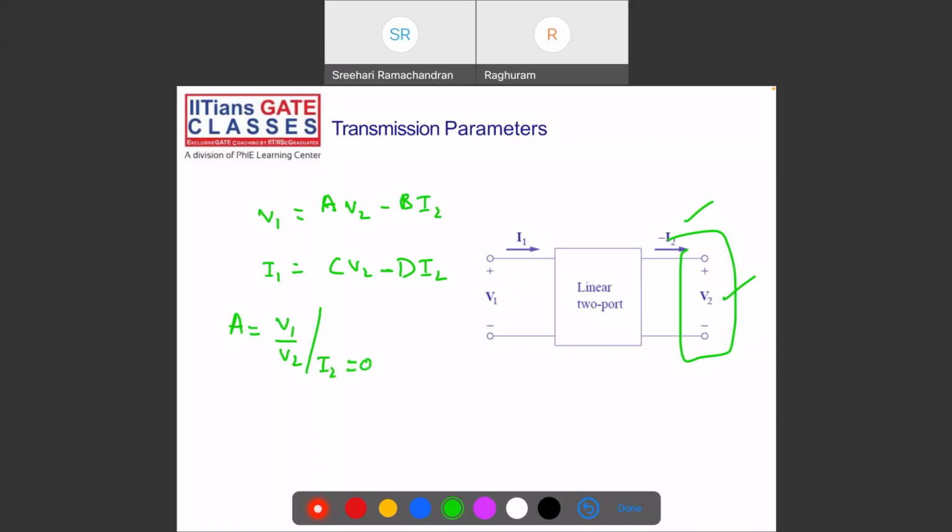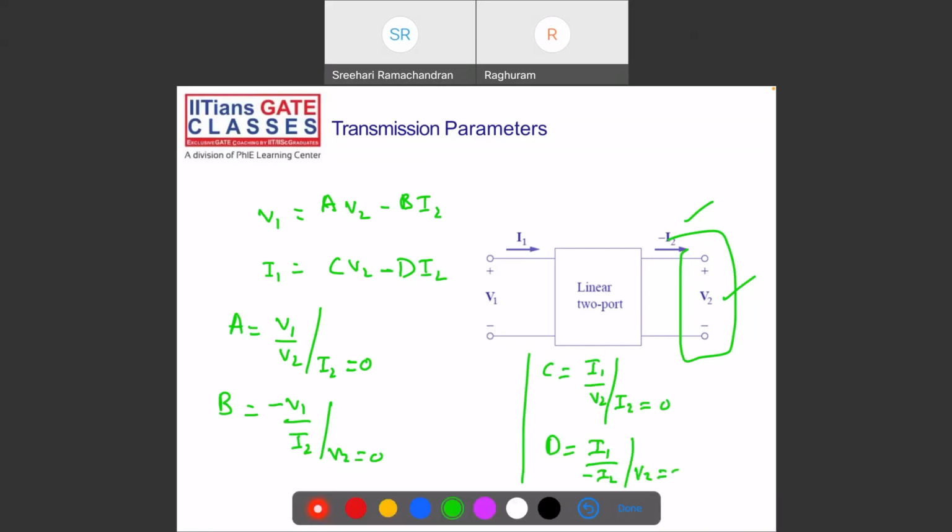B is equal to minus V1 by I2 when V2 is 0. C is equal to I1 by V2 when I2 is 0. D is equal to I1 by minus I2, or minus I1 by I2, when V2 is 0.